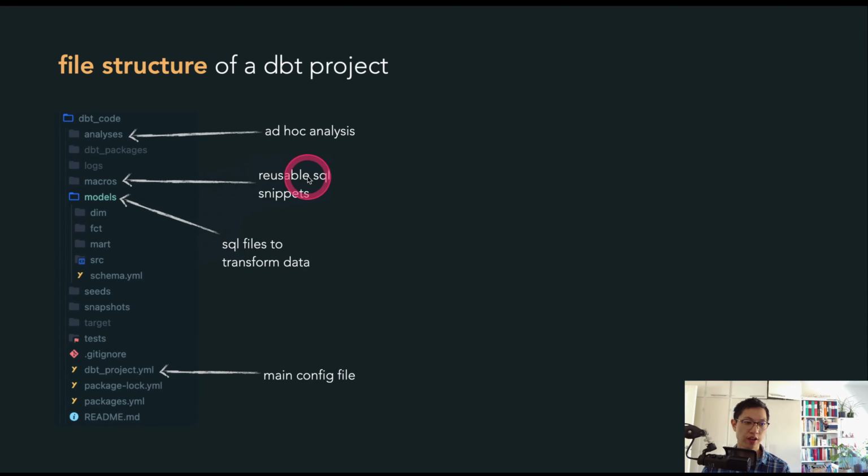And in macros, you have your reusable SQL snippets. And we'll go into the rest later on. I don't want to bother you with all the details right now. We will go more into the file structure when we actually go into the code. And there are also some more details in the documentation, in the repo that is provided with this video. You can look there for more details about the file structure of dbt.